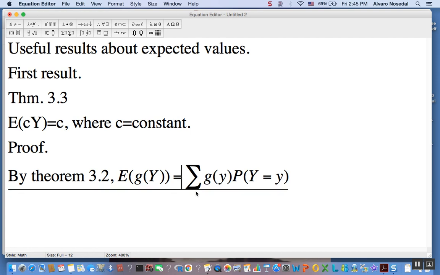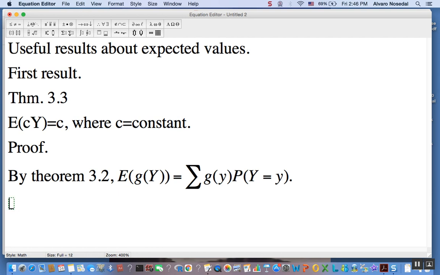And this is done for all y's. Okay? So this is for any transformation g of y, right?